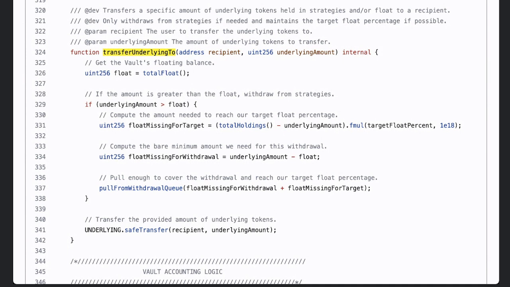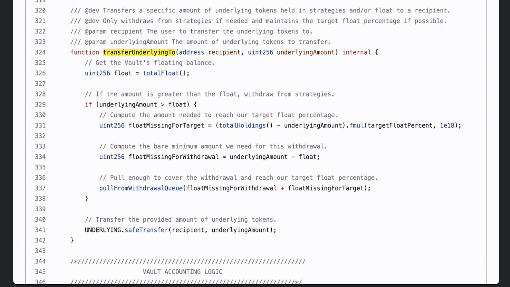Yeah, so the interesting thing about the vault is that it doesn't actually have an array of all of my strategies. There's no requirement in the vault that it has to ever know about any of its strategies in theory. But we do need some ability to see, in the case of withdrawals, at least some of the strategies we're in to allow whales to withdraw some of their balance.